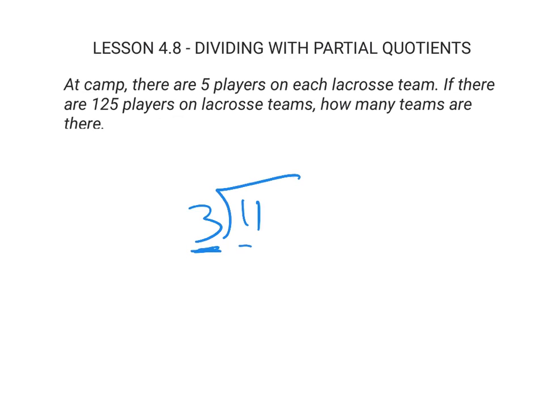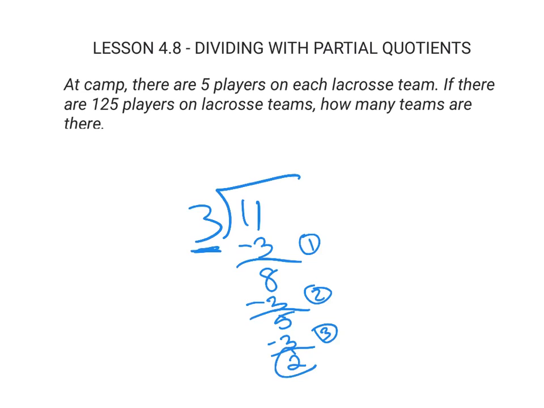So 11 minus 3 is 8, and then I keep track over here. It's 1. 8 minus 3 is 5, that's 2. 5 minus 3 is 2, and that's 3, and I have 2 left over. So that's exactly the same answer we came up with.